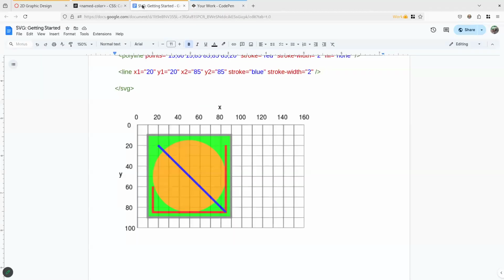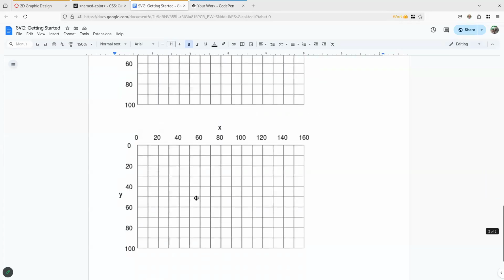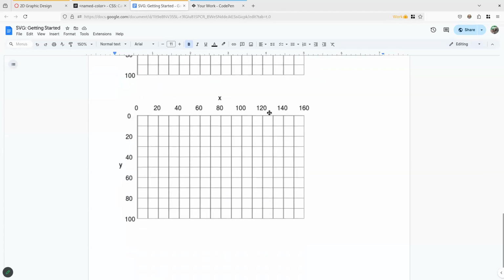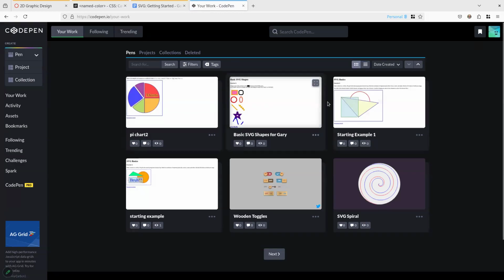And what you're going to do is draw it out on a 160 by 100 grid, and then you're going to try to use the codes that were in these other 3 assignments to make your own SVG. So there's going to be some copy and paste there. And I will come back to that one next.